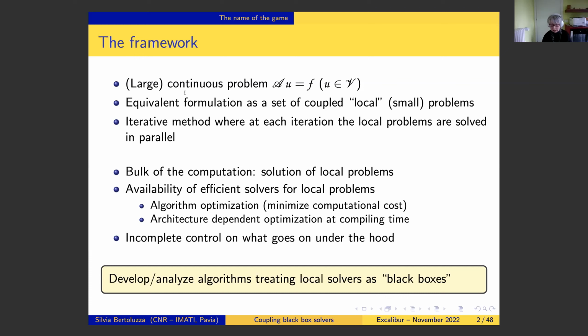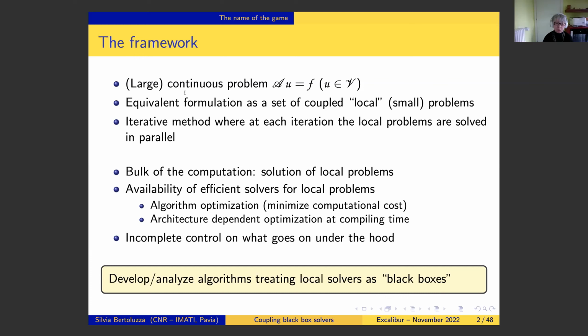And in many applications, the bulk of the computation is the solution of the local problems. And we have available efficient solvers for treating these local problems.